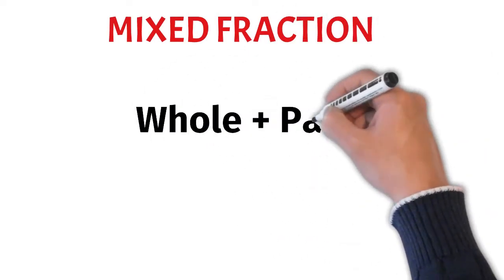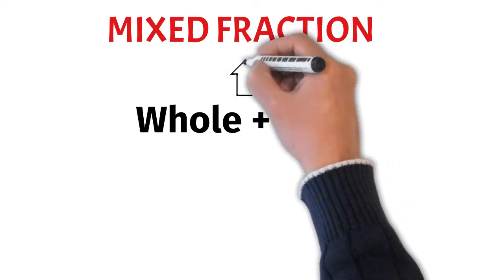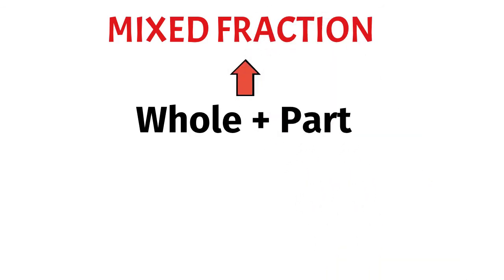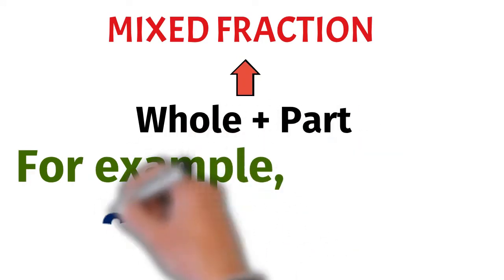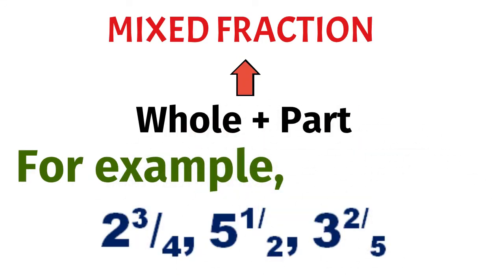Third is mixed fraction. A fraction which is the combination of a whole and a part, or a fractional part, is called a mixed fraction. For example, 2 whole 3/4 more, 5 whole 1/2 more, 3 whole 2/5 more, etc. Here 2, 5 and 3 are the wholes, and 3/4, 1/2 and 2/5 are the parts respectively.